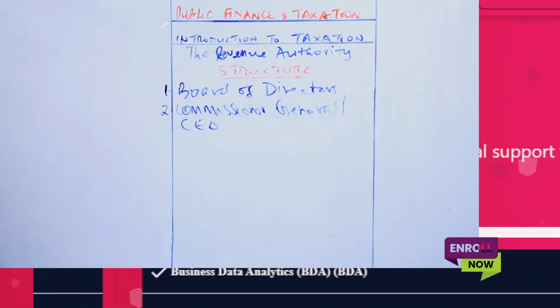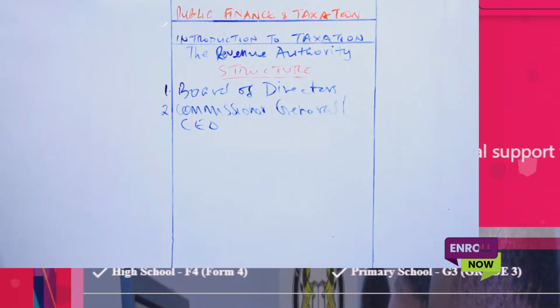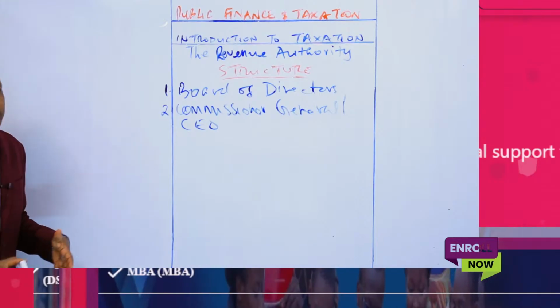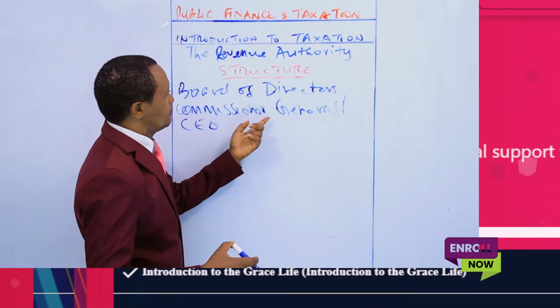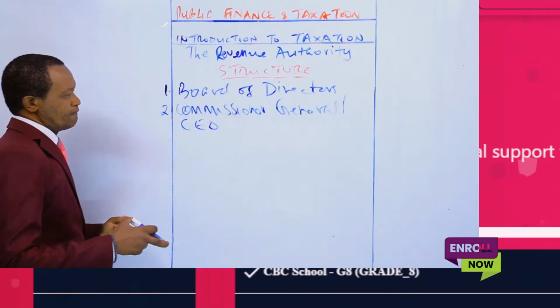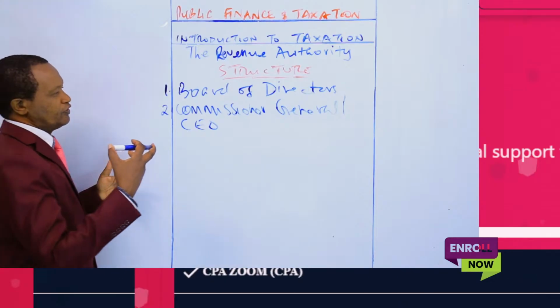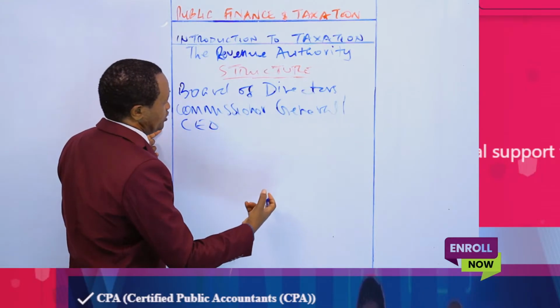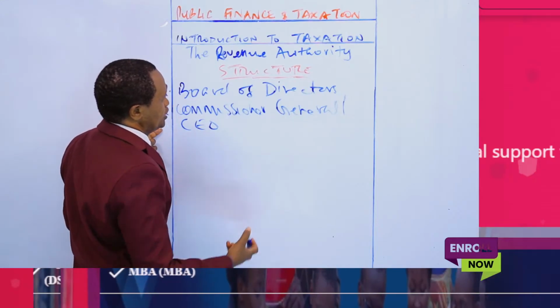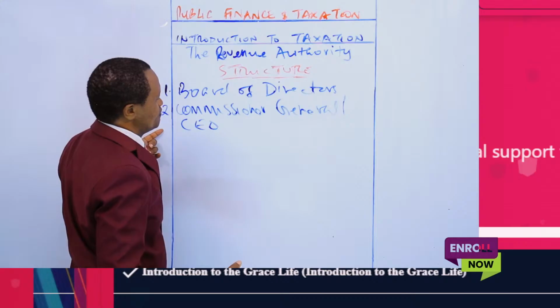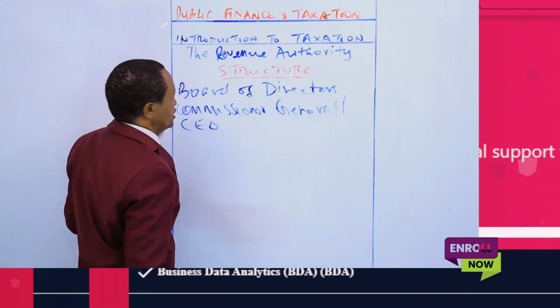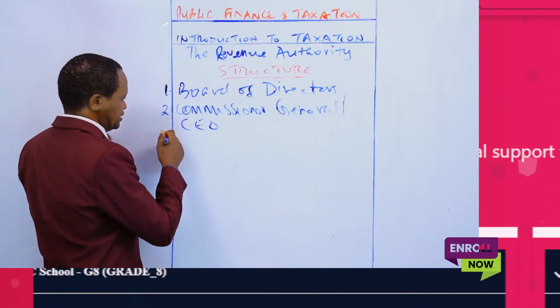The Commissioner General, the Chief Executive Officer, leads the day-to-day management and operations, and reports to the Board of Directors and also to the Cabinet Secretary responsible for finance.